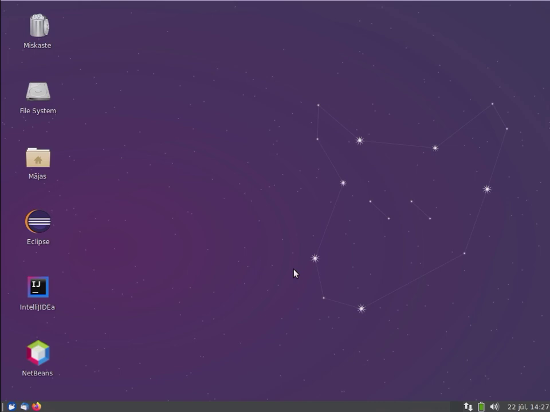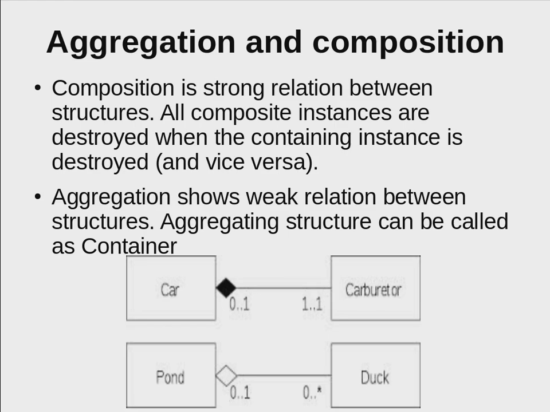And composition also may be shown as a T-like structure, similarly to generalization, specialization. You may have T-like structures, and this is a closed arrow and these are rectangles.